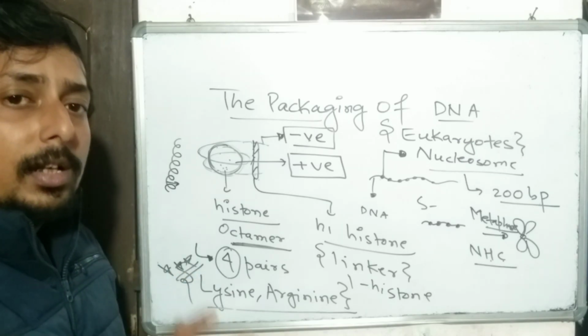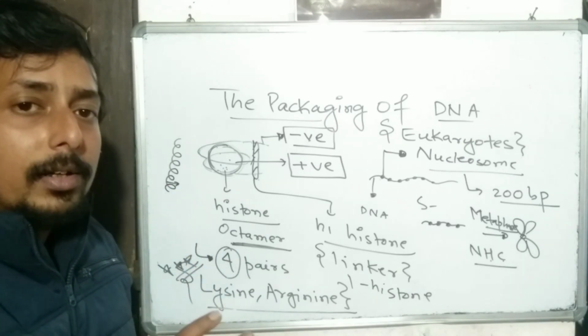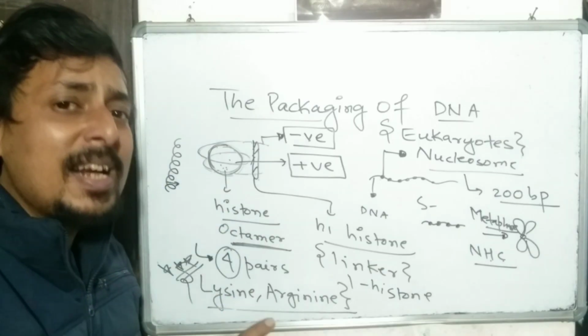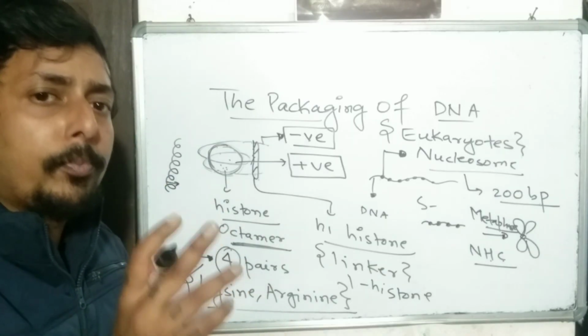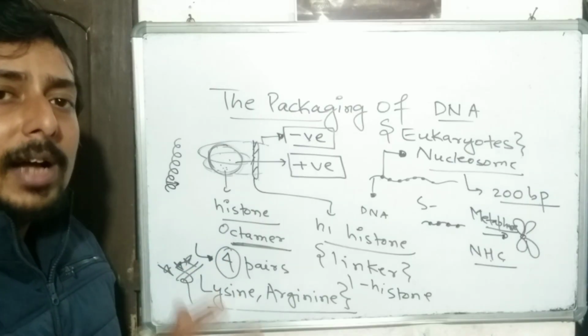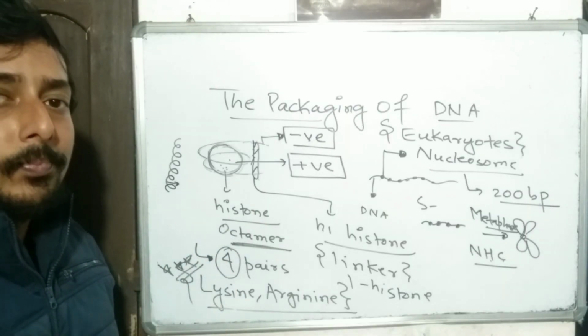So the answer is, the parts of the chromatin that are lightly stained, that are transcriptionally active, that means they are forming proteins, are called euchromatin.